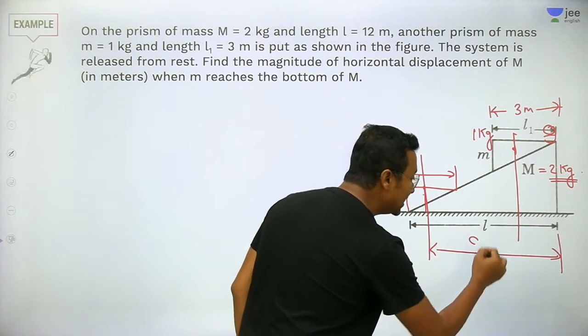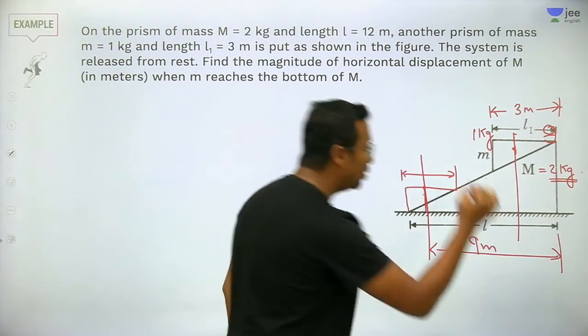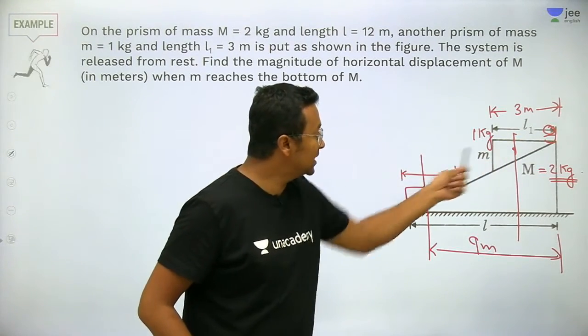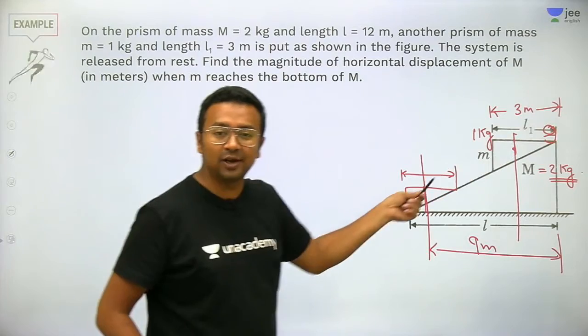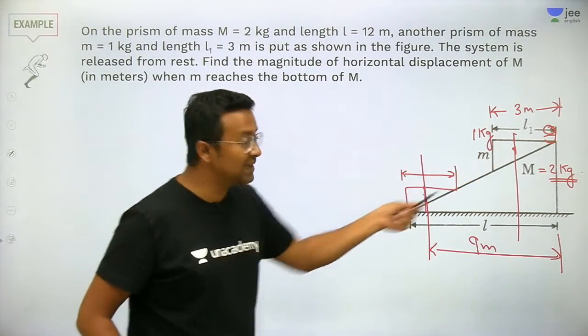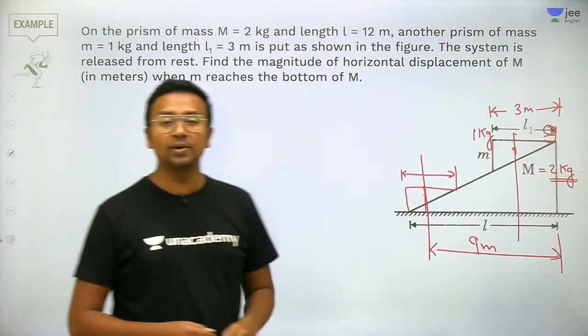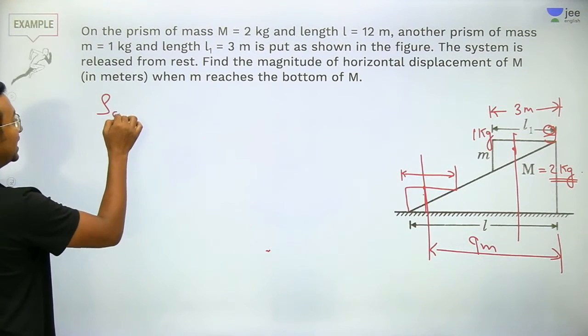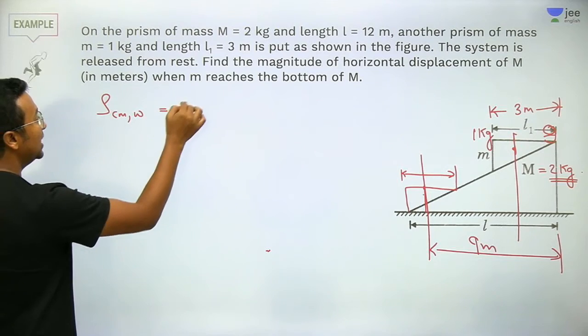So the horizontal displacement would be equal to 9 meters. Horizontal displacement of the center of mass with respect to this incline is equal to 9 meters. Right? So I can write down the displacement of the center of mass with respect to the wedge is equal to 9 meters.